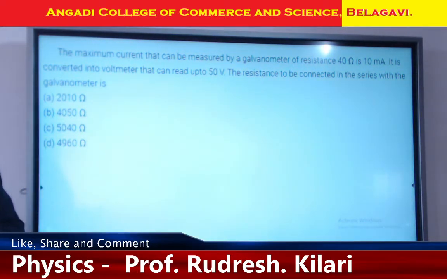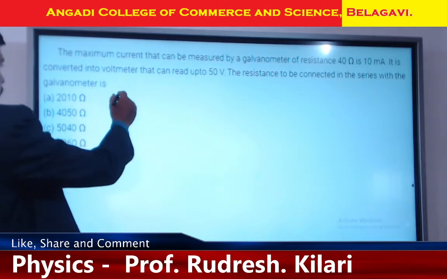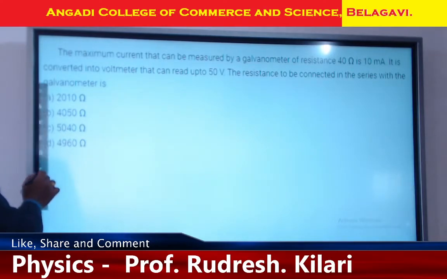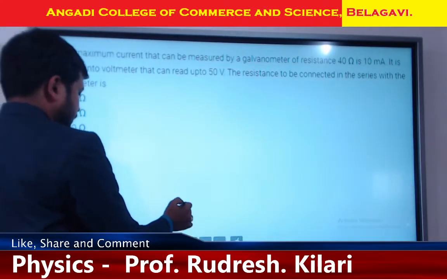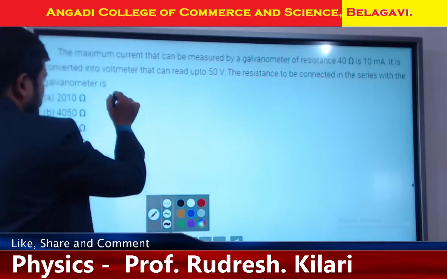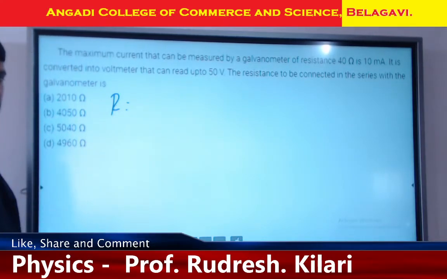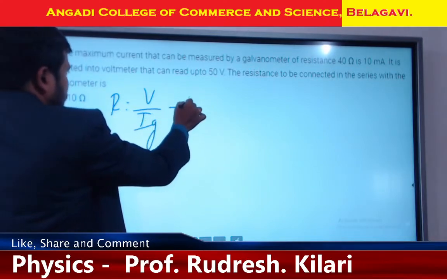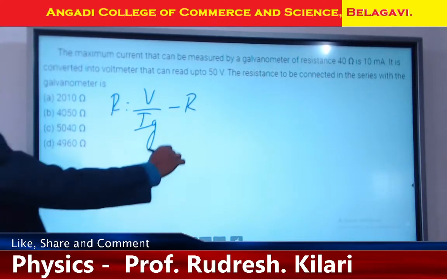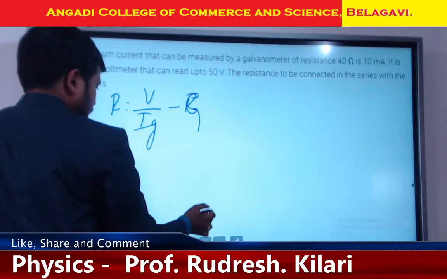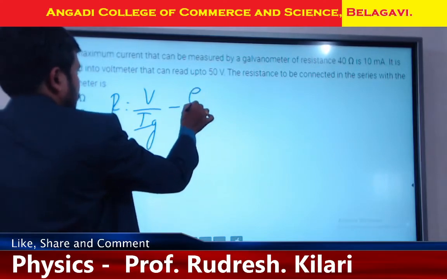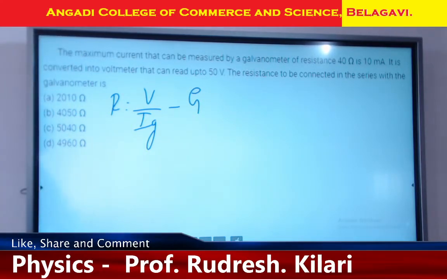What is the formula you use? R equals V divided by Ig minus G. The galvanometer resistance is given, the voltage is given, as well as the current.